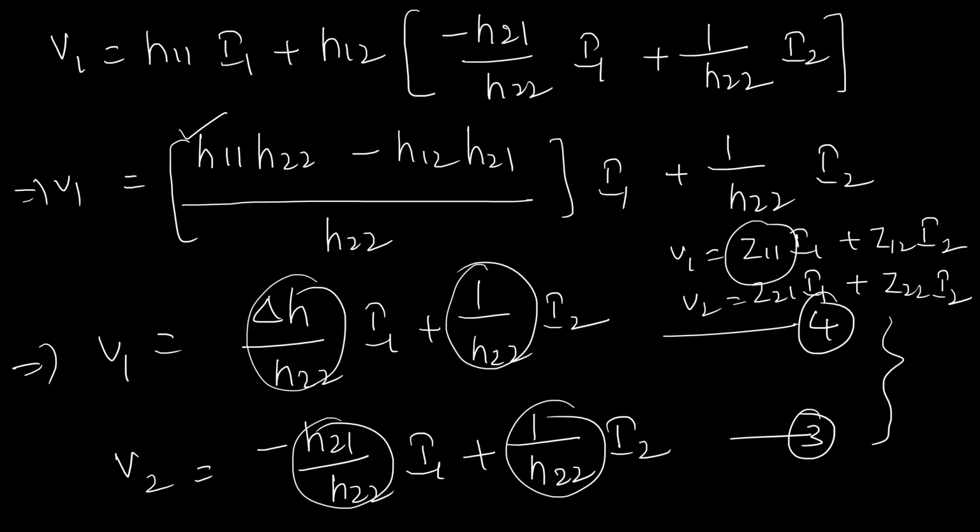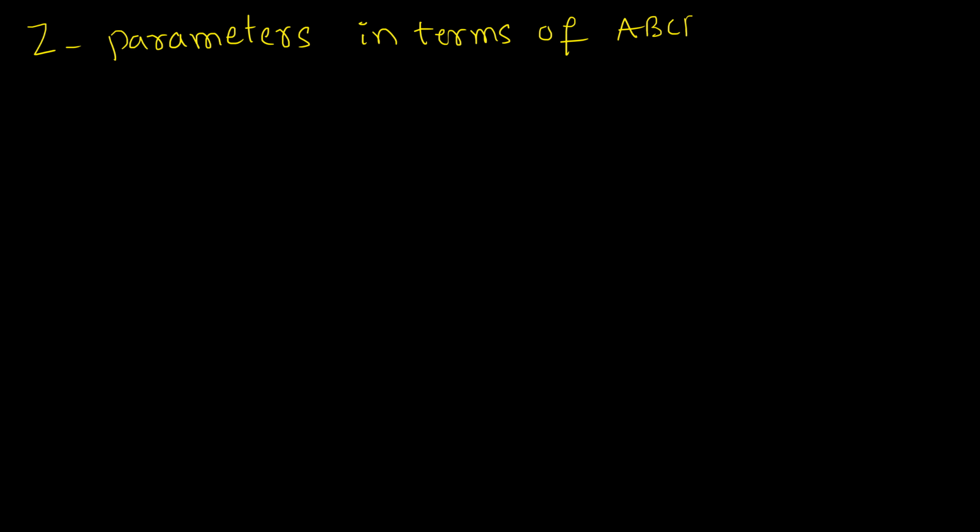Let us go with the other type. The second type: Z parameters in terms of ABCD parameters.